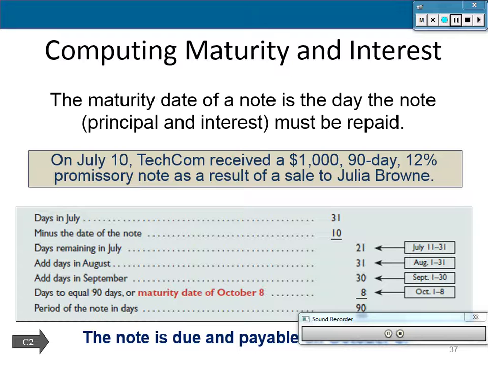So this is an example because at this point you have to count days. This note was put into place July 10th. So that left how many days left in July? 21, because it's 31 days in July. So it left 21 days, and then add the full 31 days in August. That's up to 52 days, right?